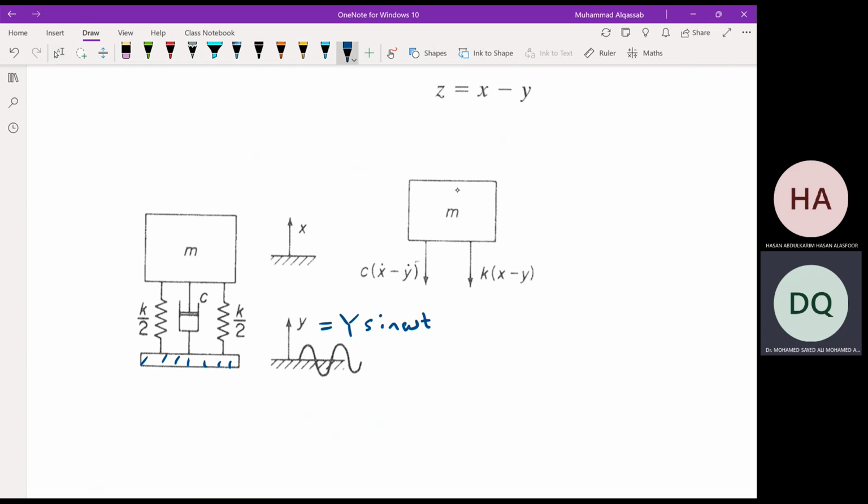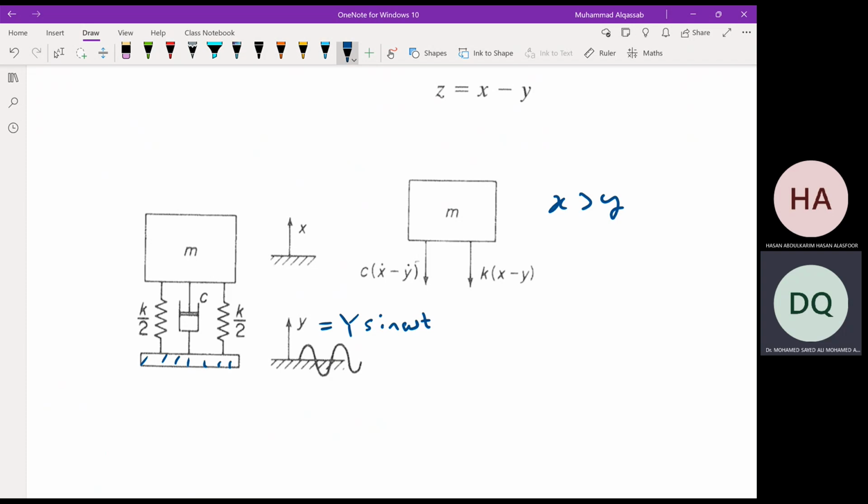We have the spring. When you assume x greater than y, the spring will be under tension, so the direction of the force is downward. The spring is elongating, and its effect on the mass is pulling the mass downward.